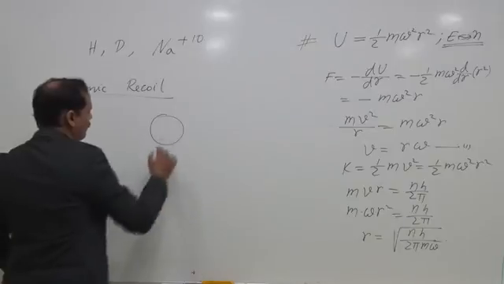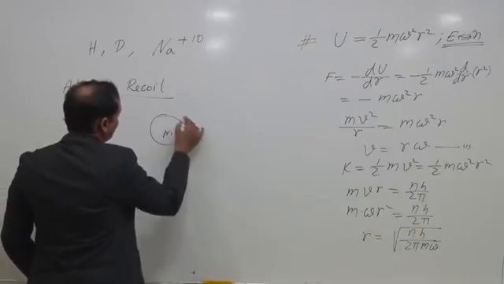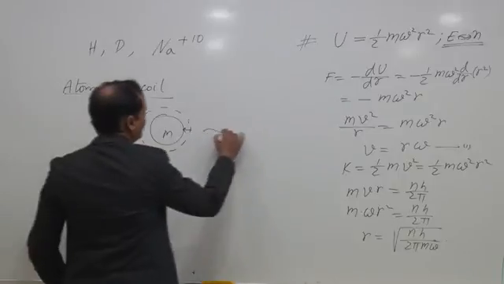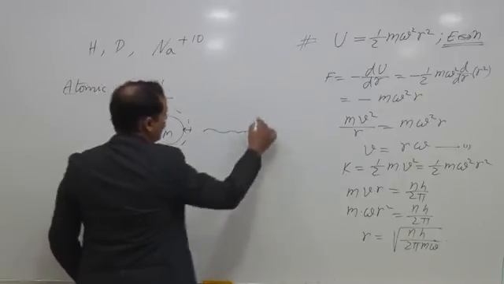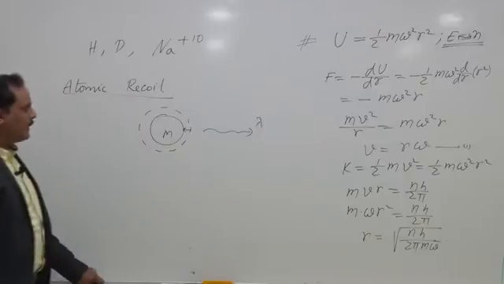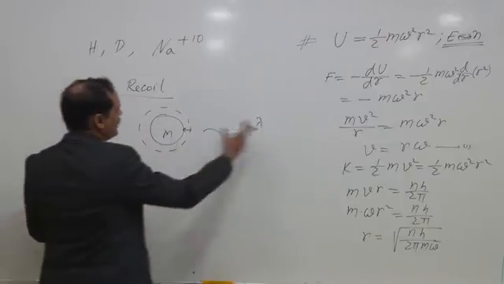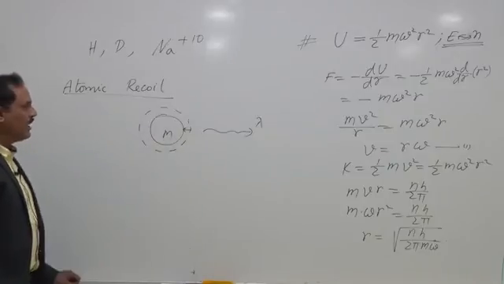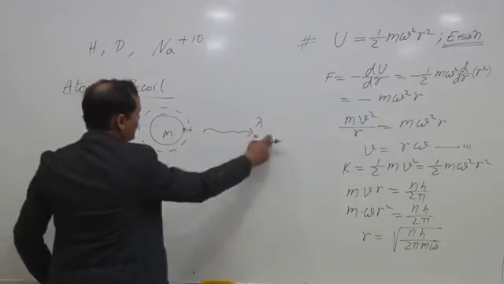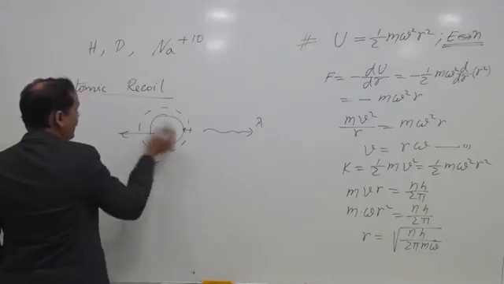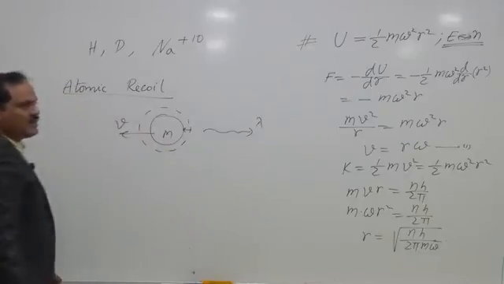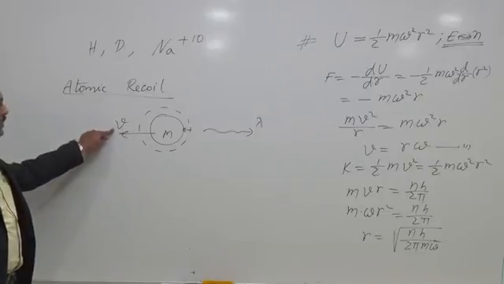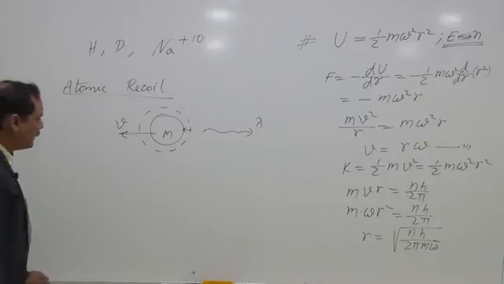Suppose we have an atom of mass m, where an electron makes a transition from a higher to a lower orbit, emitting a photon of wavelength lambda. Initially the system was at rest, but when the photon is emitted, the atom experiences a back thrust, because of which it gets a speed known as the recoil speed.